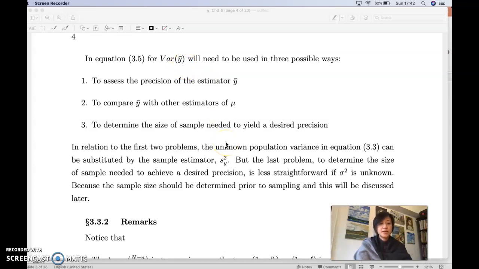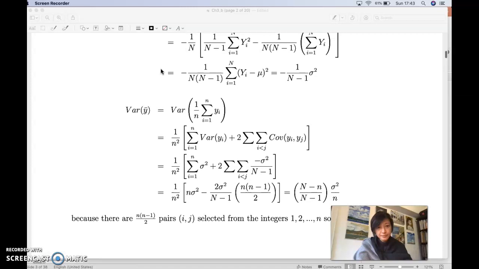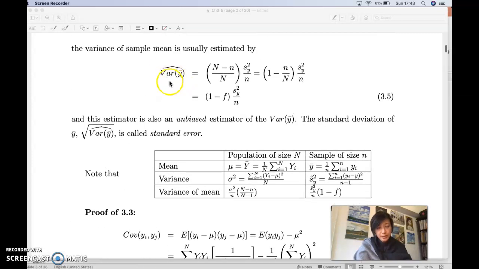But if we don't know the population variance sigma squared, we can still assess the estimated variance of y bar, using our sample s_y squared over n multiplied by that finite population correction factor. Then we can still use our sample variance to estimate the variance of the sample mean.